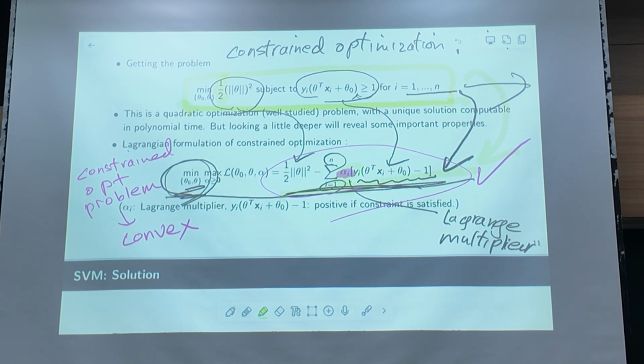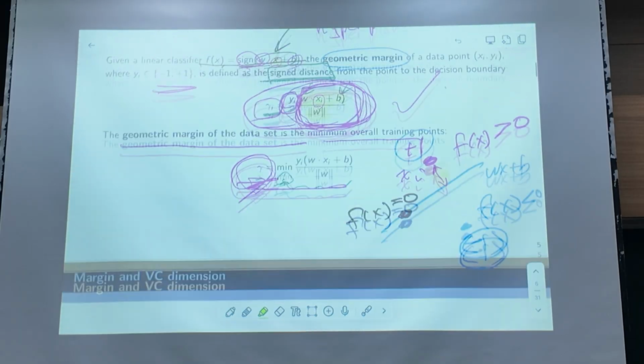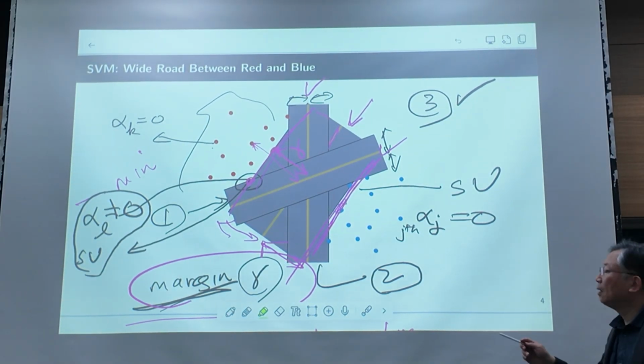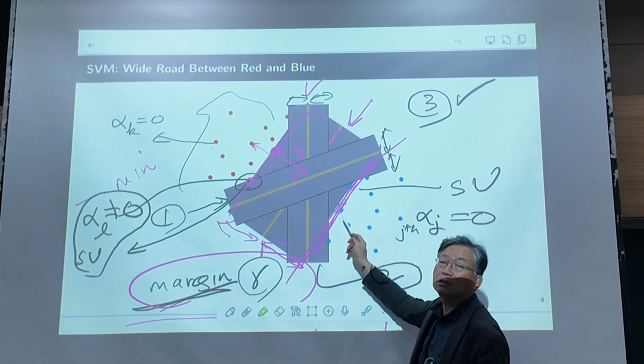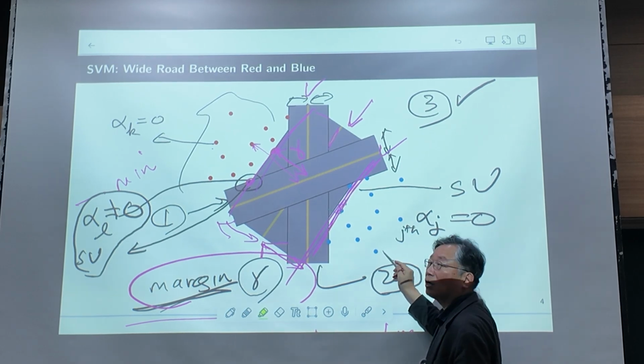The number of Lagrange multipliers is equal to the number of training data. So going back to this figure here, all the sample data would have its own Lagrange multiplier.